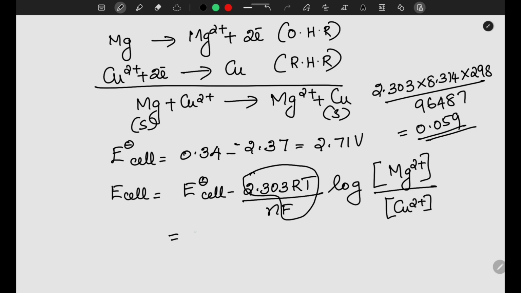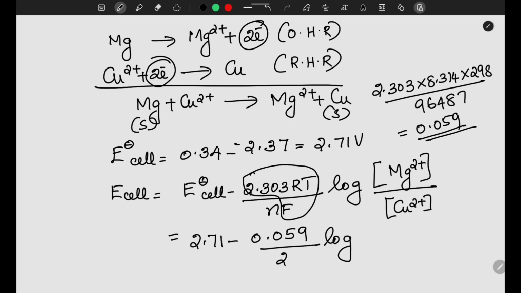So let us directly substitute that value in the equation, minus 0.059 divided by n. The number of moles of electrons involved is 2. So we can write log concentration of Mg2+ given in the equation as 0.001 divided by concentration of Cu2+ is given as 0.0001.